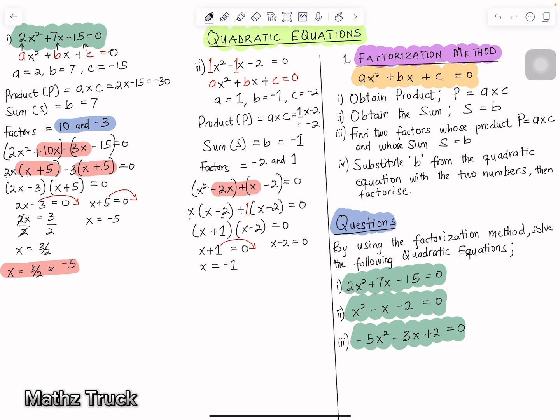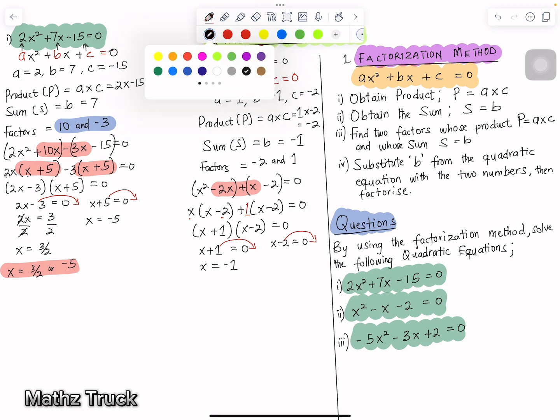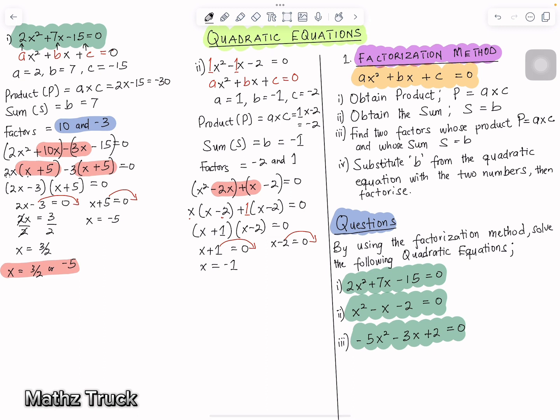Grouping the like terms, we have the negative 2 when it crosses the equal sign becomes what? Positive. So we have x equals 2. Now we have x is either negative 1 or 2. That is the answer we'll be expecting you to have.